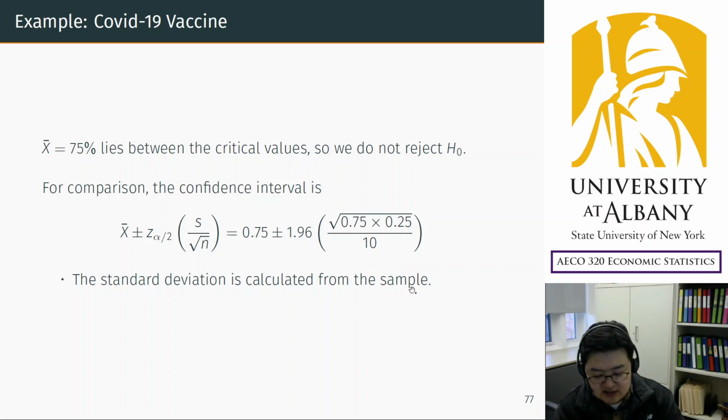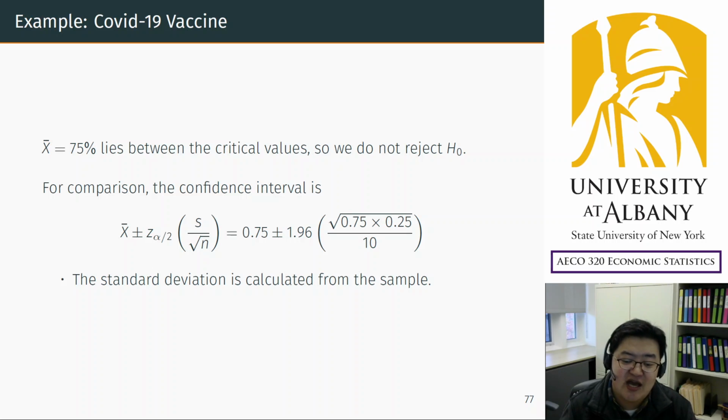Okay, so this example is another illustration of how we calculate the null hypothesis and how we utilize the hypothesis. In the next chapter, we are going to study additional topics about hypothesis testing.